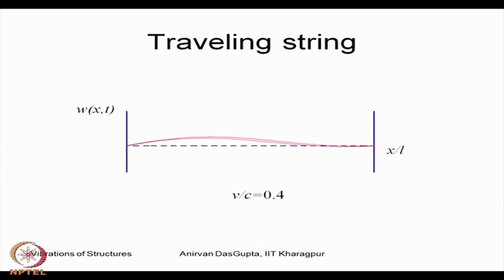So, there is a propagation of disturbance that you can possibly see in this. Then 2 points of the string neither have a phase difference of 0 nor pi.